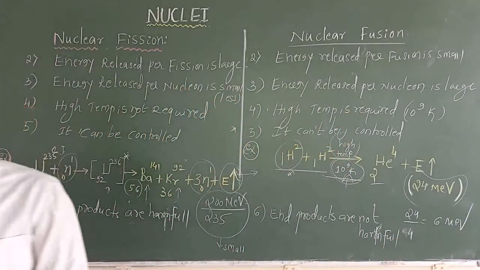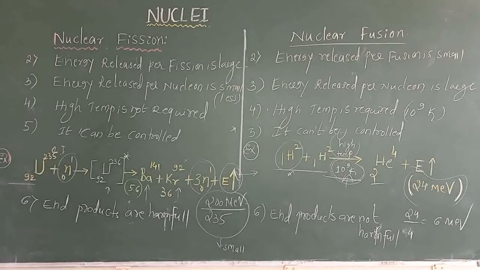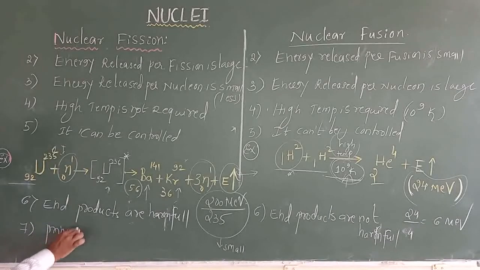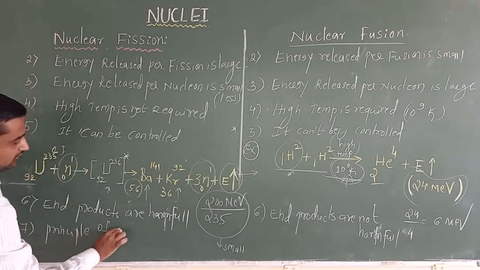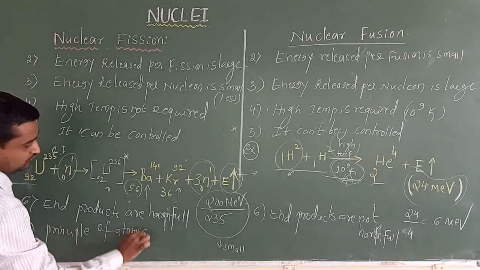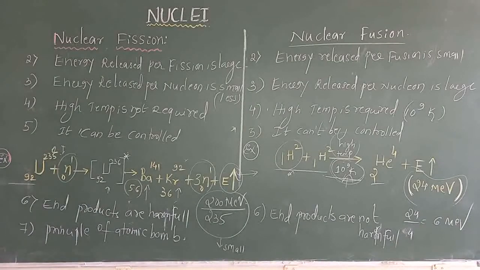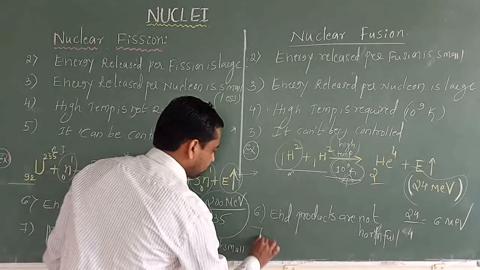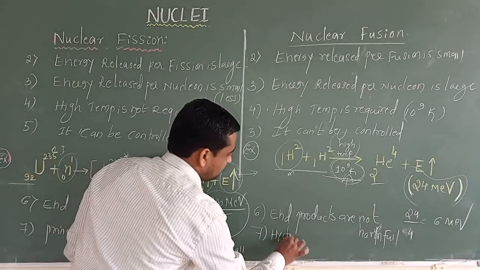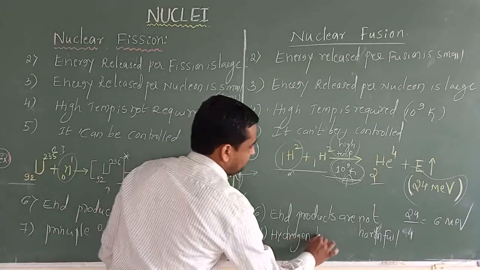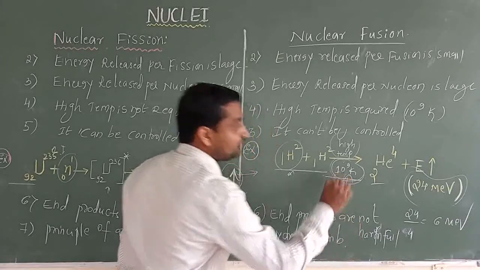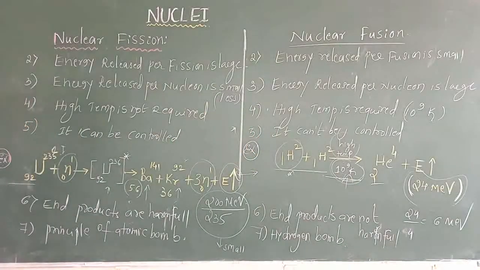Again, you can write the difference here. Nuclear fission is the principle of the atomic bomb, and nuclear fusion is the principle of the hydrogen bomb.